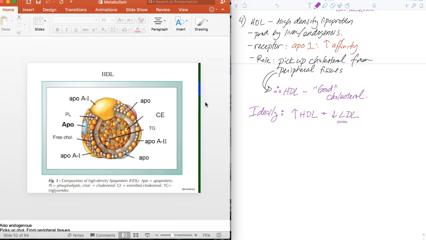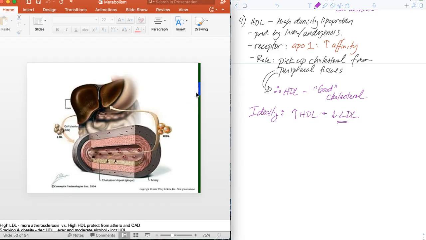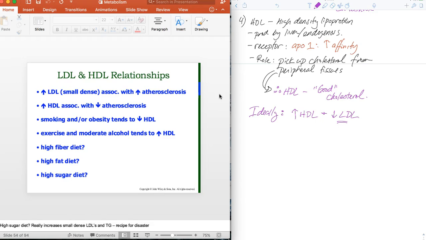HDL, I focused in on the APO1 receptor, which was that high affinity receptor. And this is nice because it shows you a nice overall pattern here, right? LDL can potentially deposit cholesterol, and then the HDL will pick it up. So ideally, you'd want high HDL and low LDL.